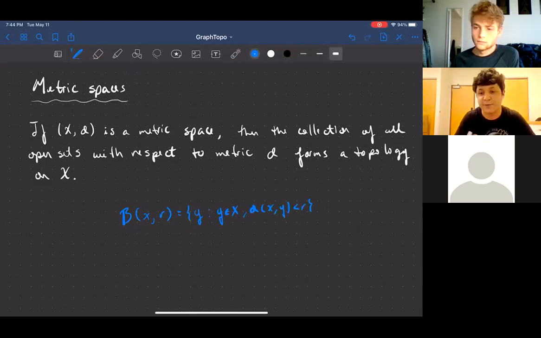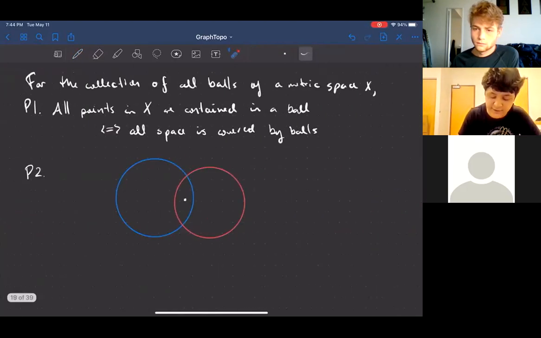For example, in Euclidean spaces, we can define this distance as the norm, and that's how we have open balls in Rn. And these open balls satisfy two important properties.